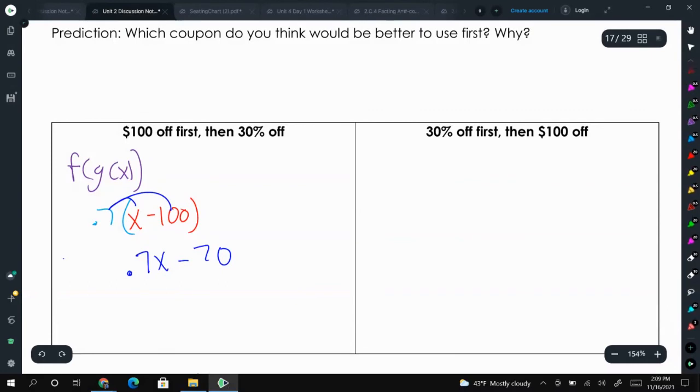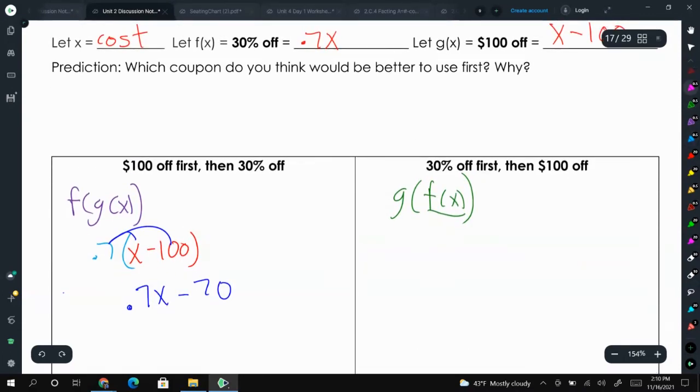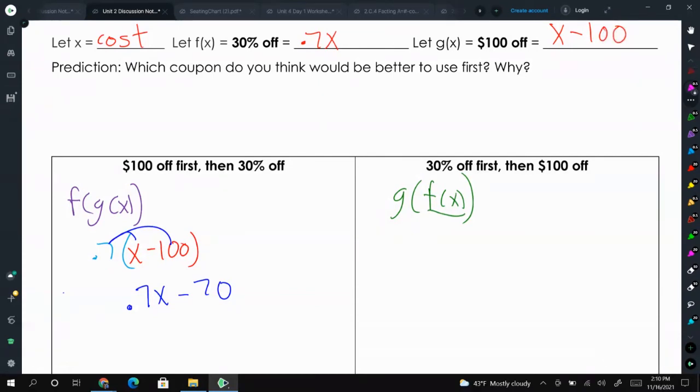Now, if we do the 30% off first and then the $100, this is going to be g of f of x because I'm doing f of x, or the 30% off, first. So if we plug that in, I'm going to write my g of x equation, which is x, where x is now 0.7x minus 100.